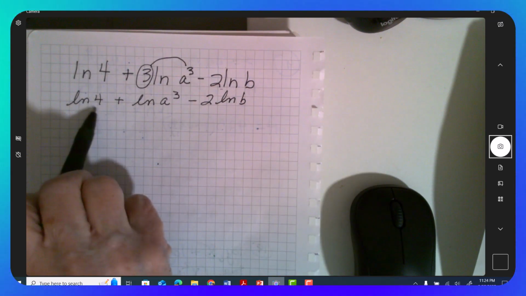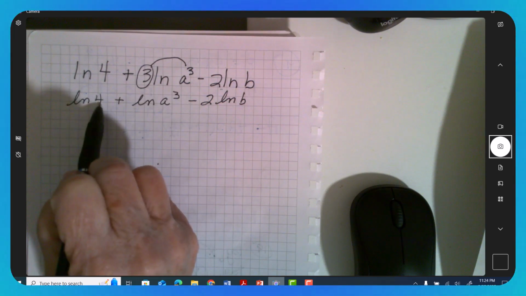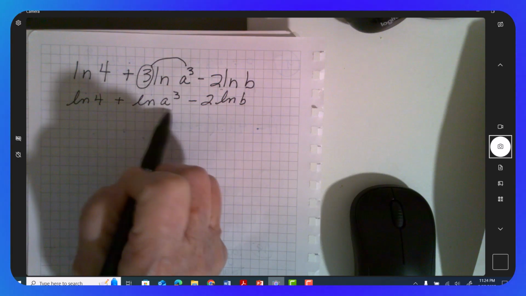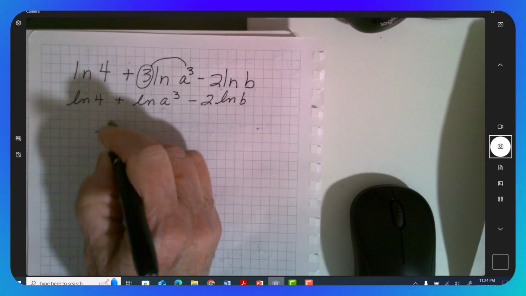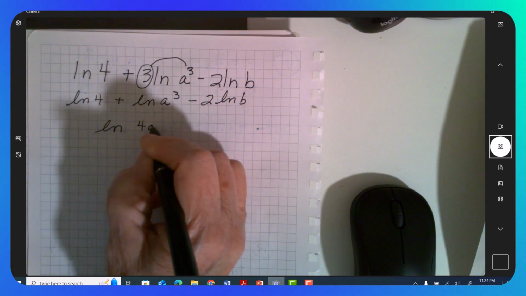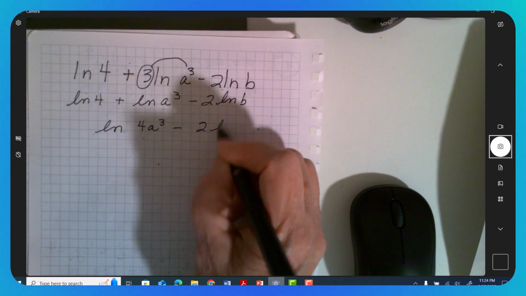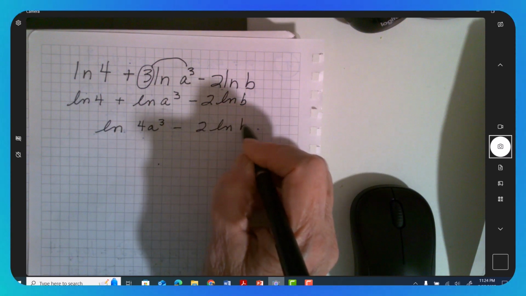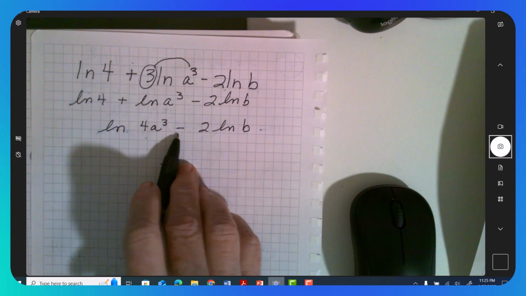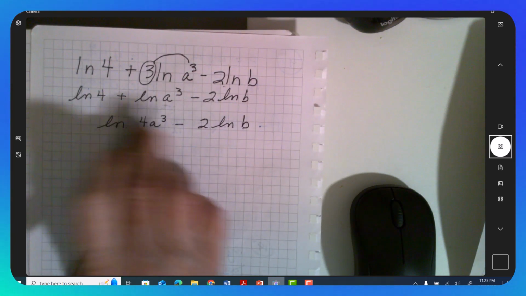All right, so when we're adding, we're going to be multiplying. So this is going to be 4 times a to the third. So this is a natural log of 4a to the third, and then minus 2 natural log b. With subtraction, we're going to divide. We put these two together with multiplication.